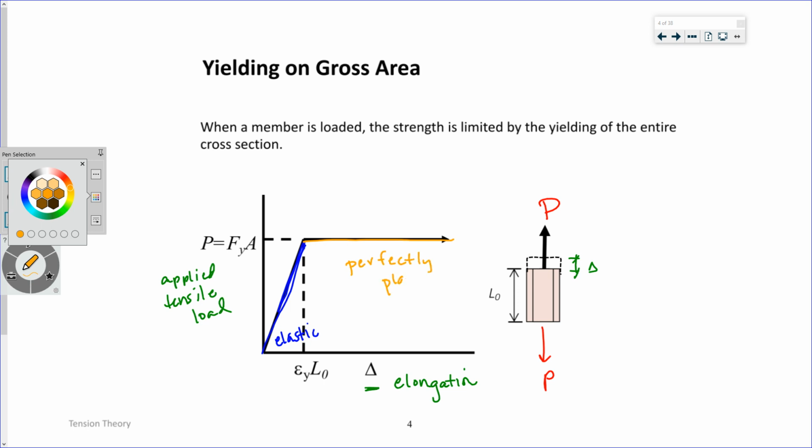Once it hits yield, it can't take any more stress or force. It just keeps elongating, just keeps deforming. And that happens when you hit your yield stress, which is called Fy in steel design.